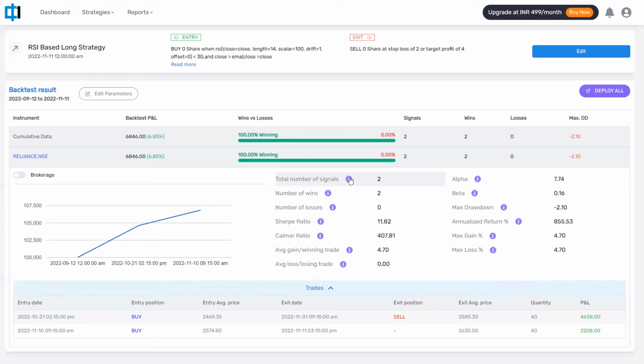So beyond just the form mode, you can write very, very detailed code for any custom indicators that you want to write. And you can take advantage of multi-instrument time series.